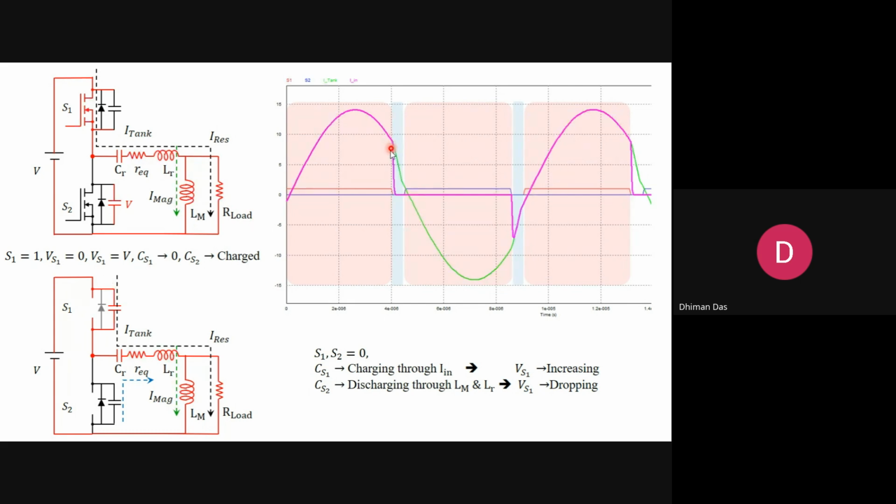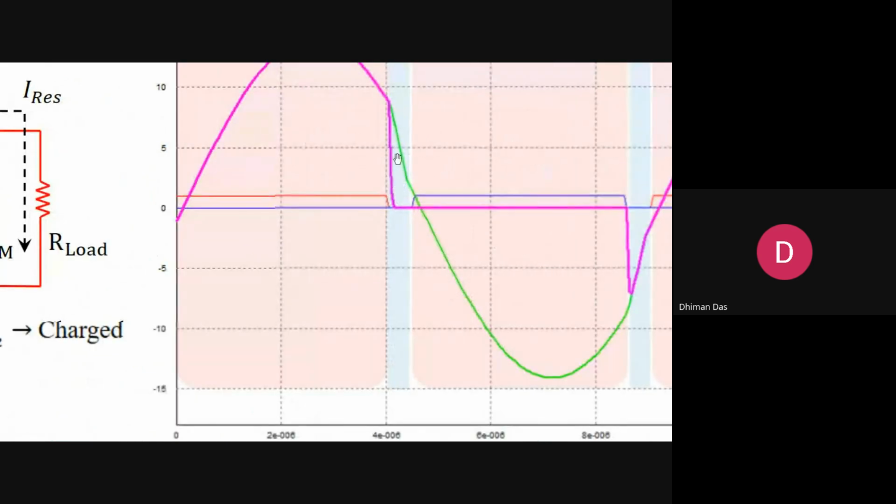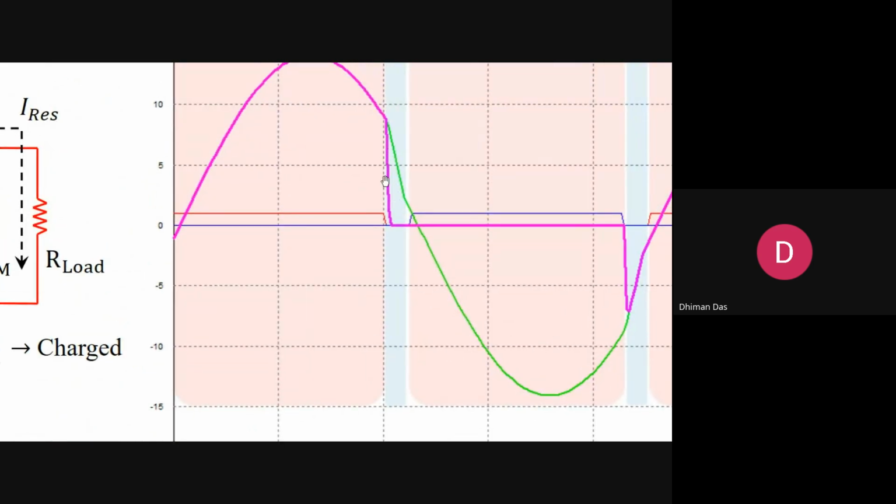That is why you can see there is a slope across the source current. It is not immediately 0. You can see it starts here. I end the gate pulse here, but still a little amount of source current is flowing.